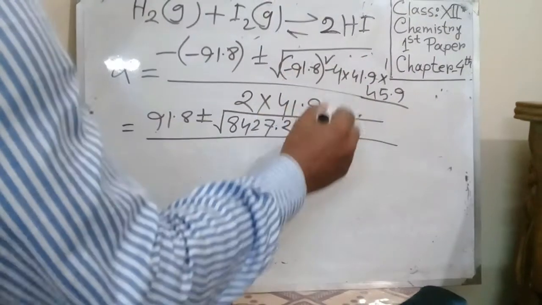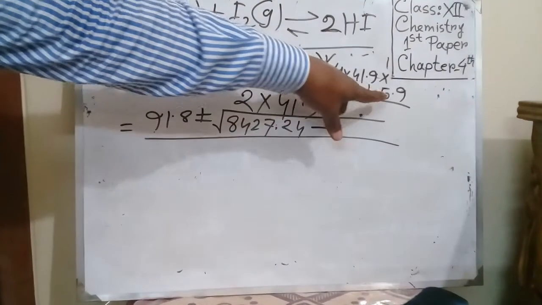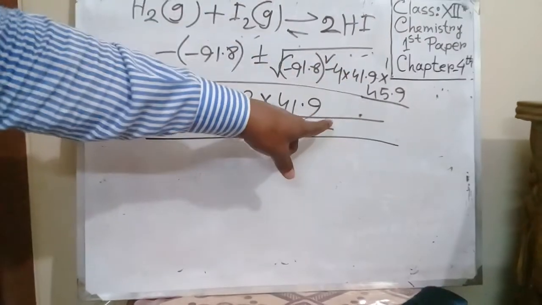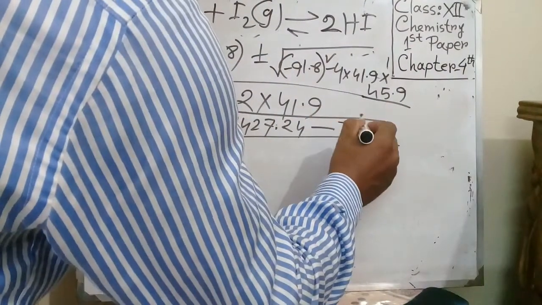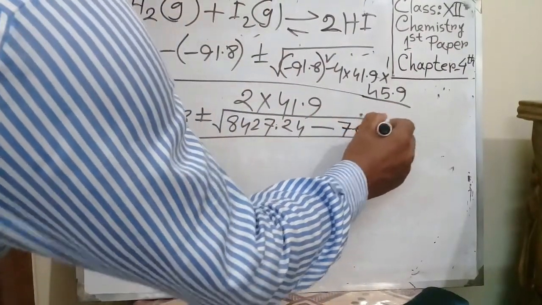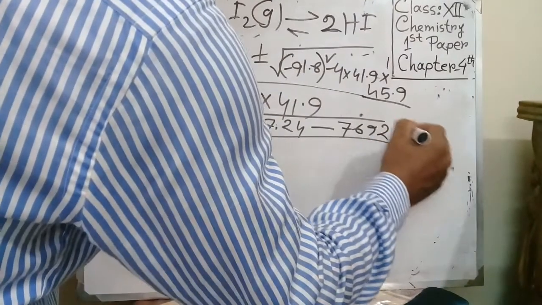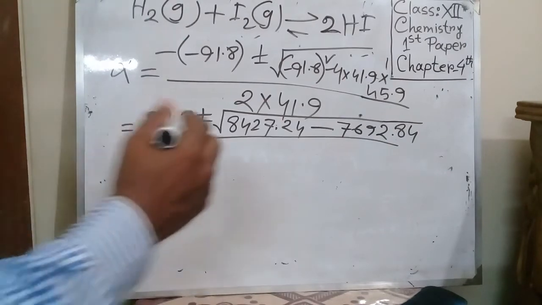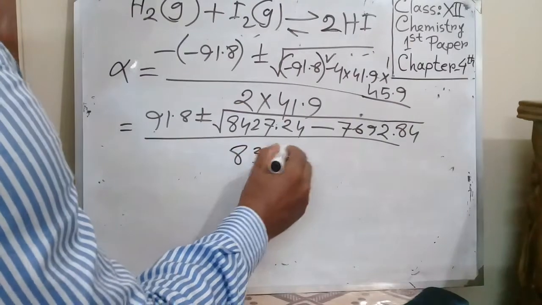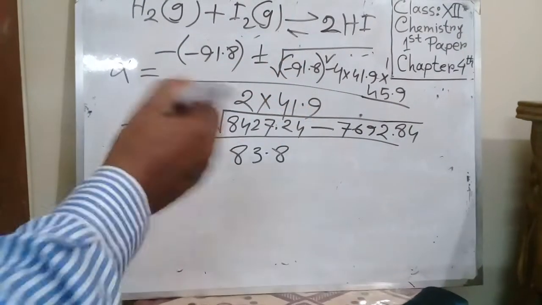If I square this one, then we need to multiply these 4 constant values, so we can get 7692.84. We can get this one, and divide by 2 into 41.9 equal to 83.8. This is simple math.